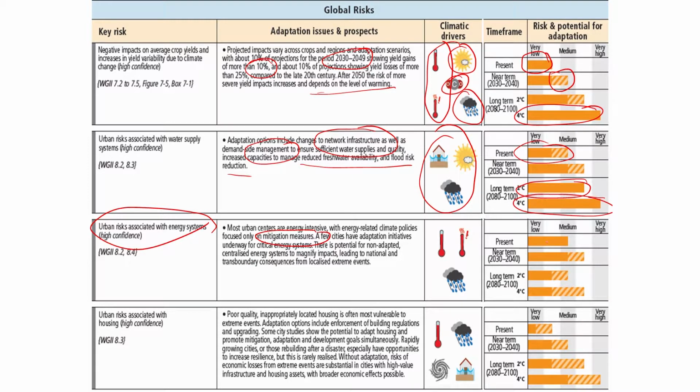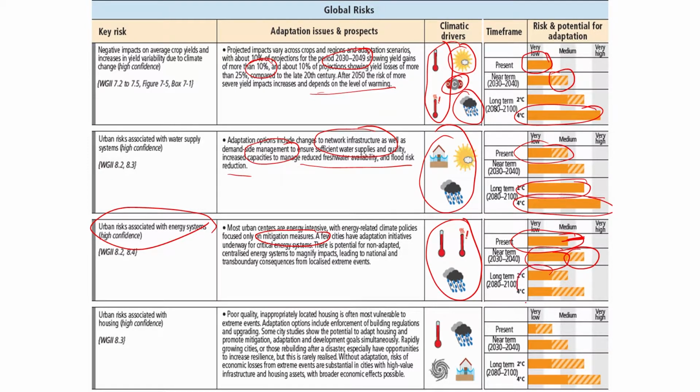Okay. So again, heat and floods are a big risk. You can see that the risk is already very high. Many cities are already experiencing energy system risks. In the near term, it remains somewhat similar, but the adaptation options are increasing, because right now the policies are not in place yet, despite all the coordinated efforts.